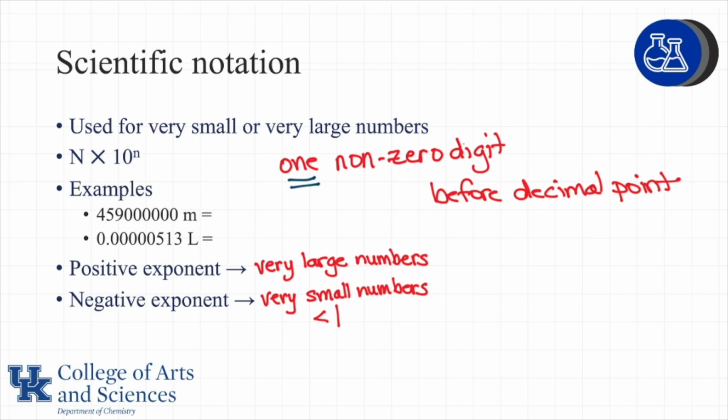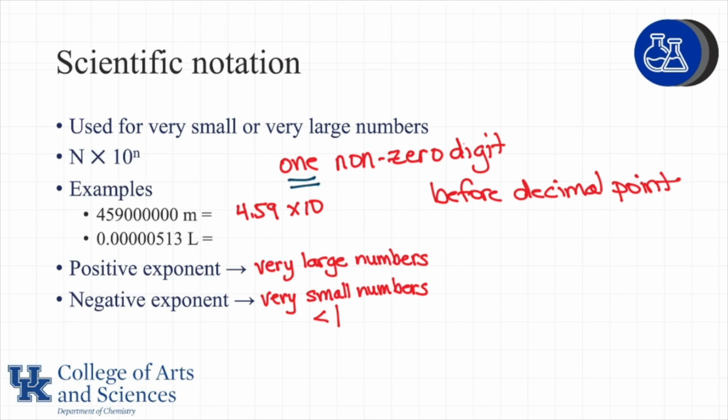Let's look at an example. We'll start by setting up the basic structure of our number in scientific notation with one non-zero digit to the left of the decimal point. So we have 4.59 times 10, and then we need to count how many decimal places we're having to move the decimal point so that we can determine what our exponent should be.